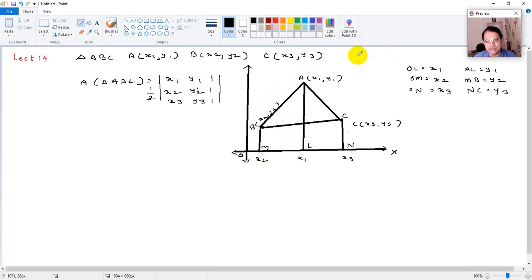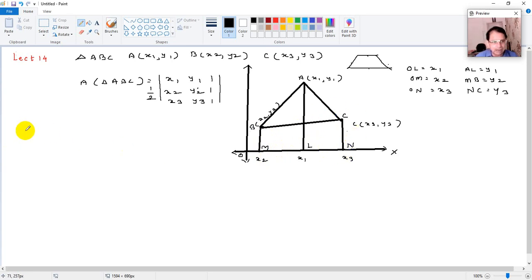As you know, trapezium is something like this. This is trapezium. So two sides of that are parallel, other two are not parallel. So this is one trapezium. Another trapezium is what? ACNL. मग इथे सुद्धा बघा, ए एल आणि सी एन या पॅरलल लाईन्स आहेत, अदर टू आर नॉट पॅरलल. आणि थर्ड ट्रॅपेझियम इज बी सी एन एम. बघा इथे एम बी आणि एन सी या पॅरलल आहेत, पण बी सी आणि एम एन नाहीत. म्हणजे इथे 3 ट्रॅपेझियम आहेत.